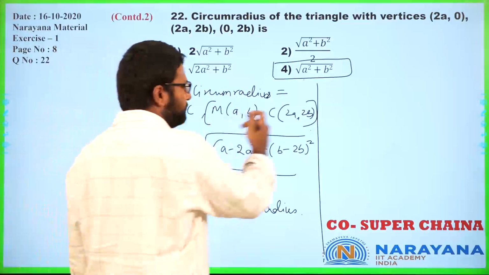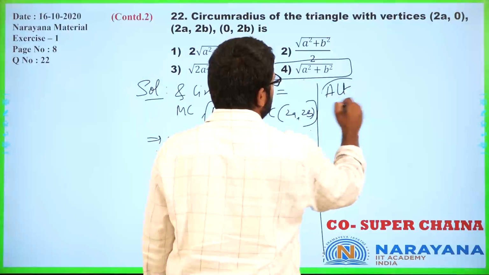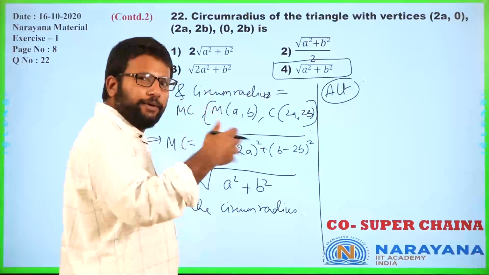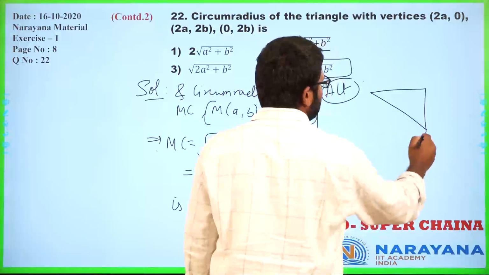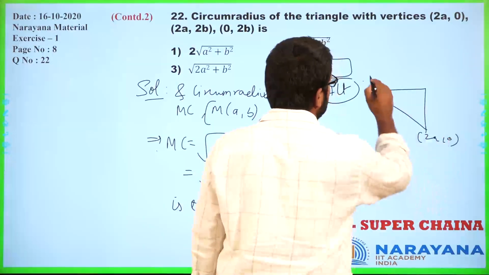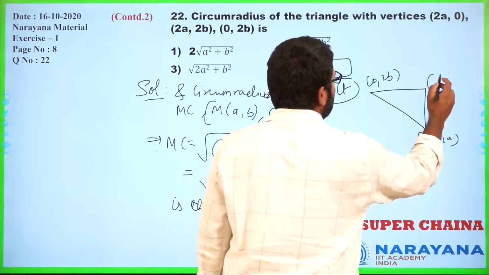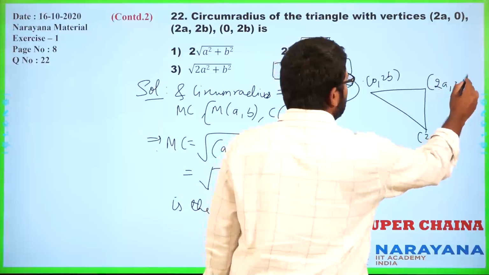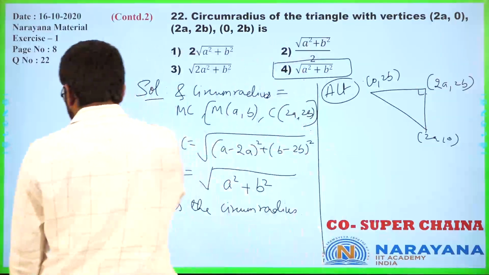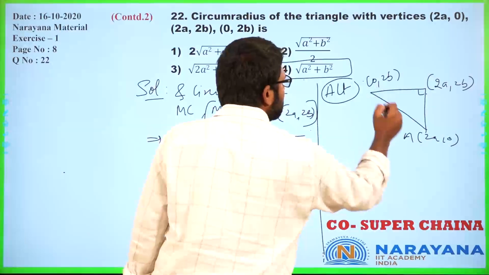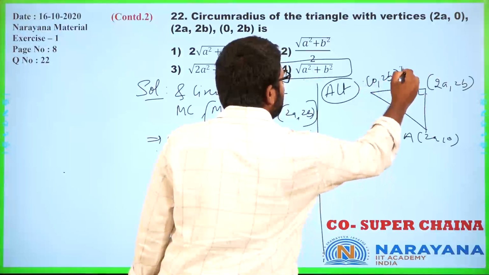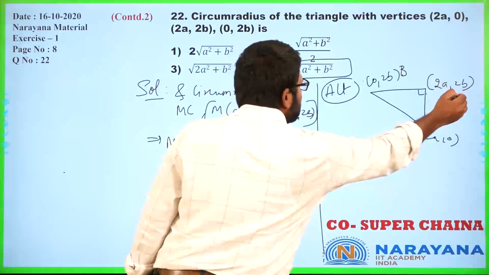Alternately, let us just look at it and do it by diagram. We know this is a right angle triangle where this is 2a comma 0, 0 comma 2b, and this is point C, 2a comma 2b.